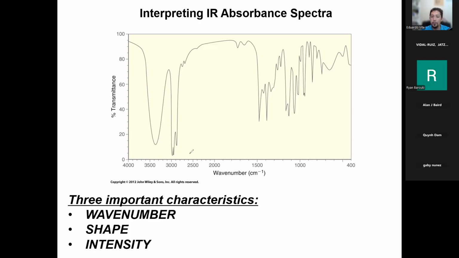The closer it is to zero, the higher the intensity of the peak. The absorbance is intense. The transmittance is weak. That's why it has a low number. Basically, the lower it hangs, the more intense the peak.